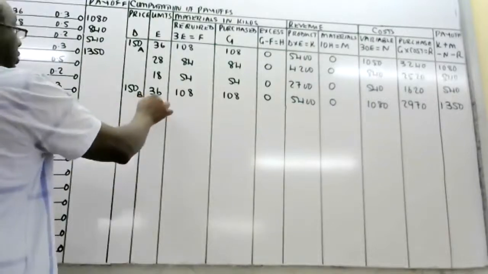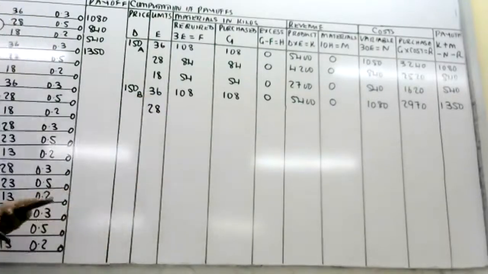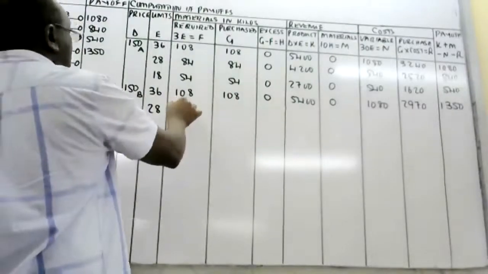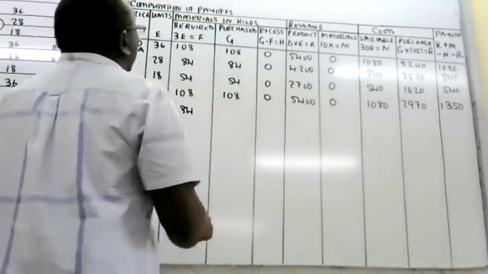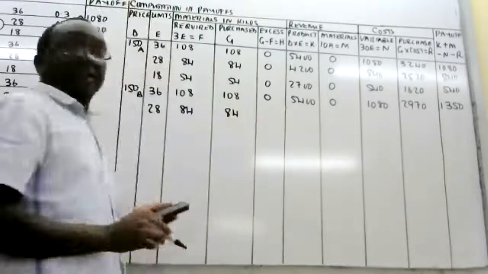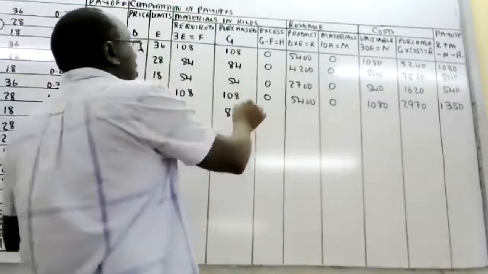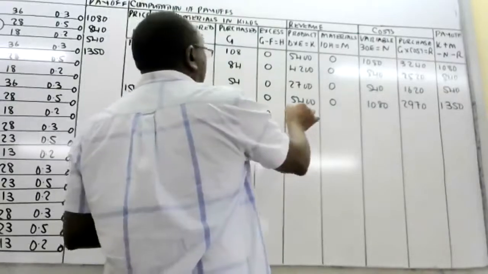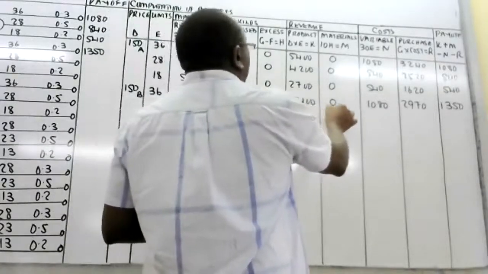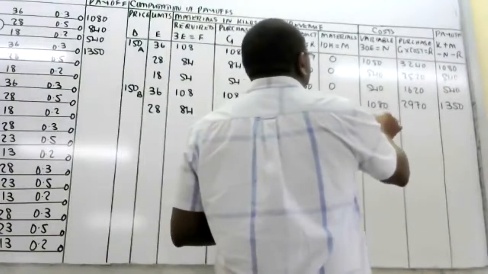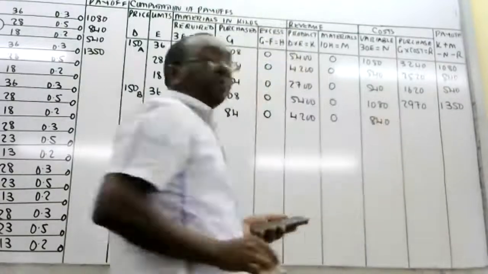Then we go to 28. 28 is 84. Then the purchase is still 84 because we are more than 50. So the excess is 0. The revenue is 4,200. No revenue from material. The variable cost is still 840.